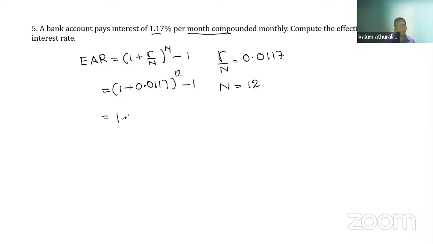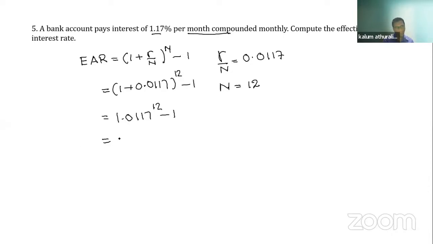That means 1.0117 to the power 12 minus 1. You can get the answer directly.